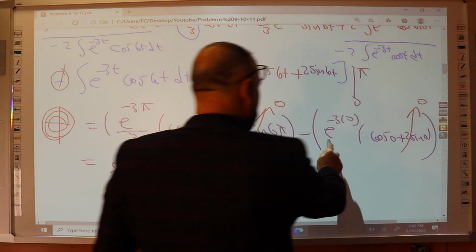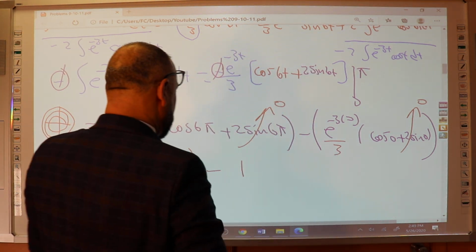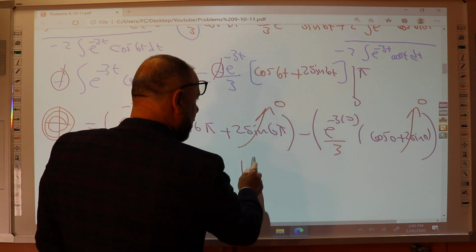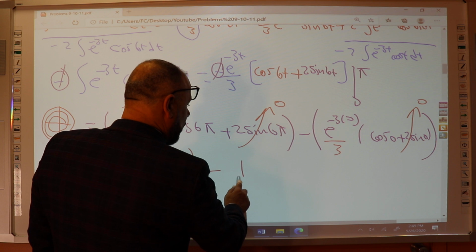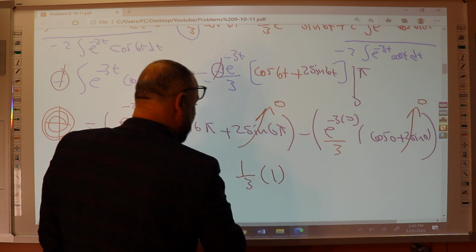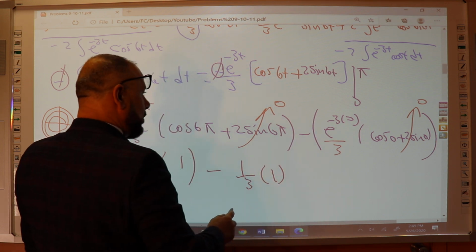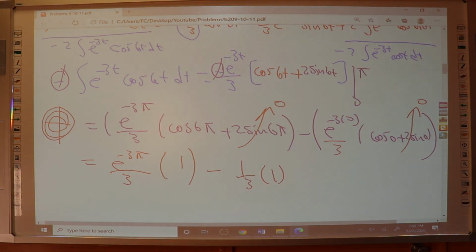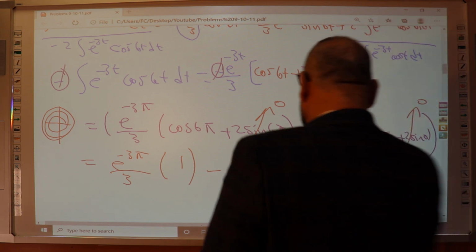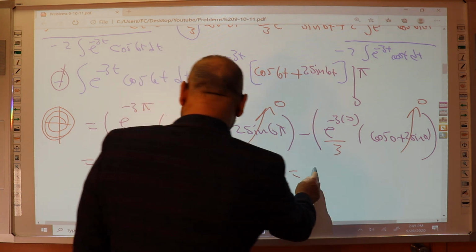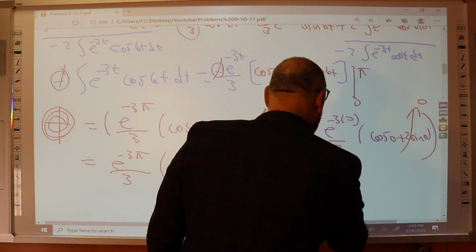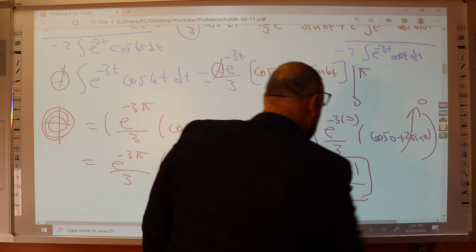Minus 1 over 3 times 1, right? Isn't cosine of 6 pi negative 1? No, it's 1. It's cosine of 6 pi. Now my final answer here, e to the negative 3 pi, because we have the same denominator, minus 1 over 3. Keep this on the side.